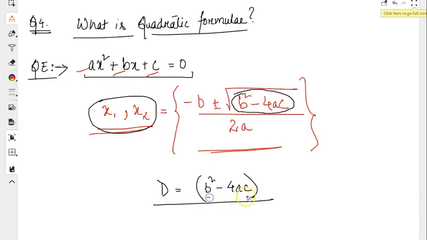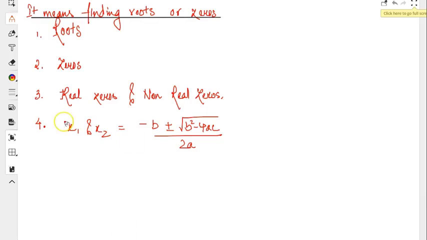So I have a here, b here and c here. So this value is dependent on all three constants, and on this value it depends how my roots will be. So let me talk about this in detail. Roots and zeros are the same thing, and these are nothing but solutions of the quadratic equation.